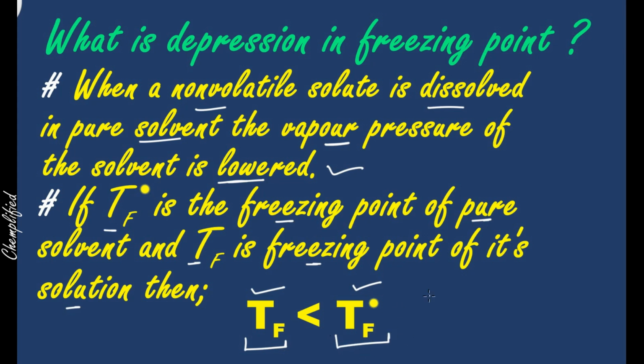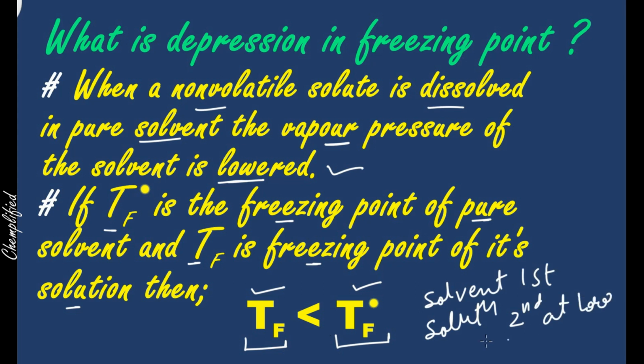It means the solvent will freeze first, and the solution will freeze second at a lower temperature than that of the solvent. That means the freezing point of the solution decreases to a lower value, right?